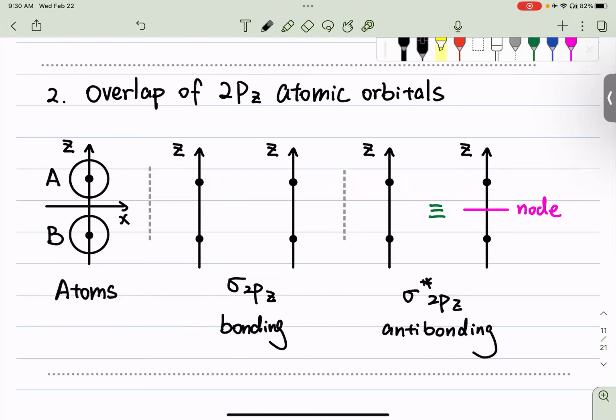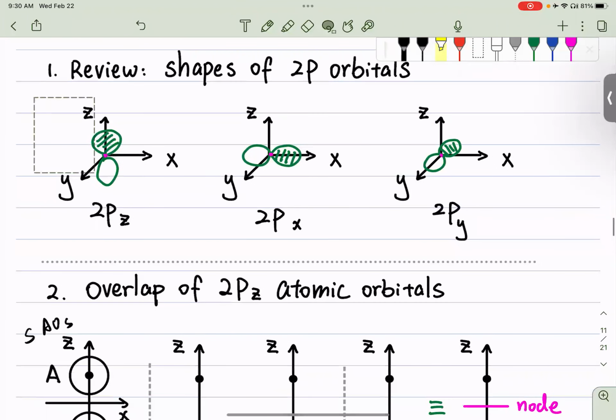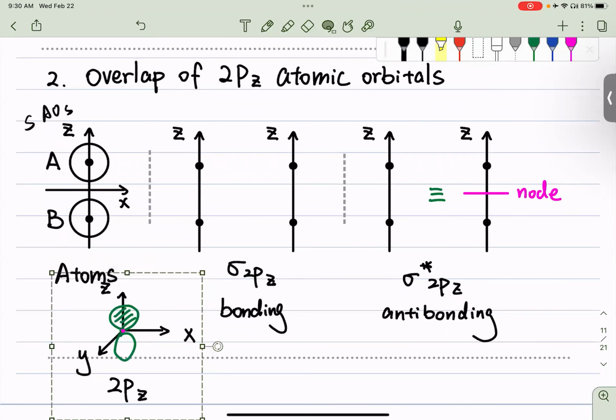On the left-hand side, imagine here are my A and B, and these are my s atomic orbitals. They're just spherical. But in the example of overlapping pz atomic orbitals, let me just copy paste my pz atomic orbital here for your reference.